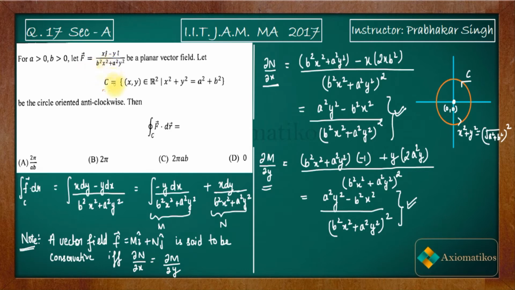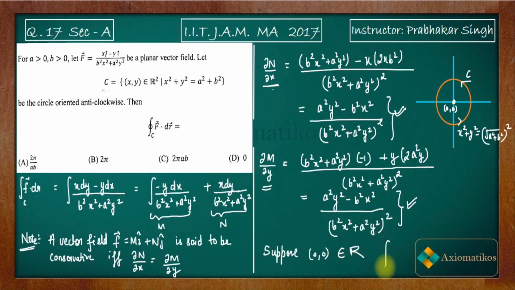So that questions our use of the definition of a conservative vector field. Suppose (0, 0) is not inside your region, then by the definition of a conservative vector field, what do you know? You know that the line integral will be 0. What I am saying is, suppose (0, 0) doesn't belong to your region R, where R is the region enclosed by your given curve.